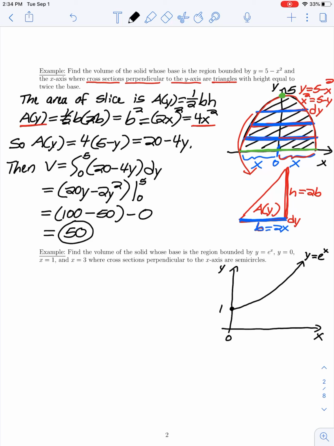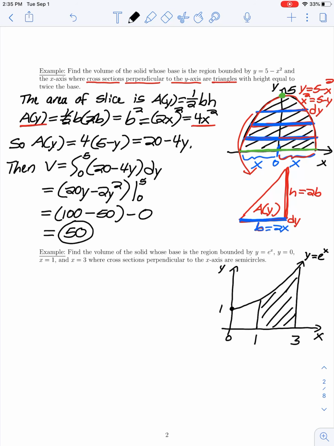So we're bounded by that curve, the x-axis, which is y equals 0, and then the vertical lines x equals 1 and x equals 3. So we're looking at the region shaded here as being the base of our solid.